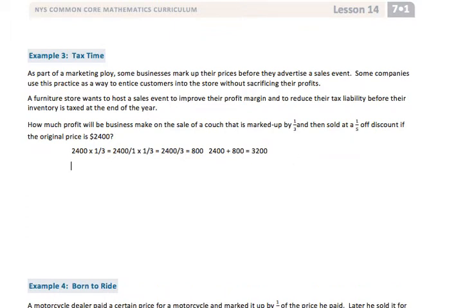Then from the $3,200, we would calculate a 1/5 discount, which would be 3,200 over 5, and when we divide that, we get 2,560 as the final selling price. And as we can see, they're actually selling this for more than the original price. That's the game of marking up and then selling at a discount.